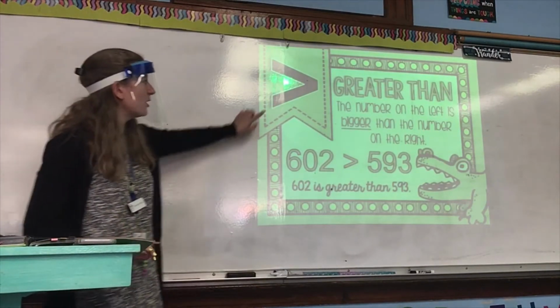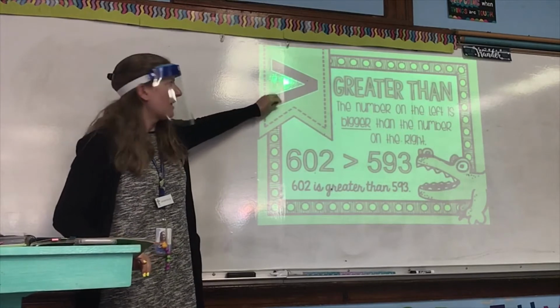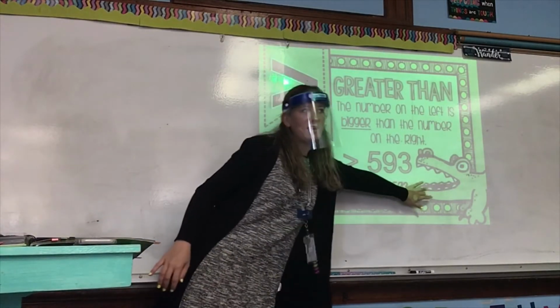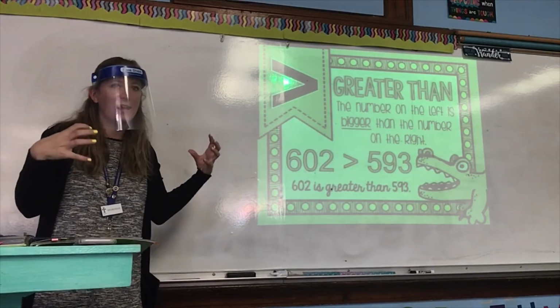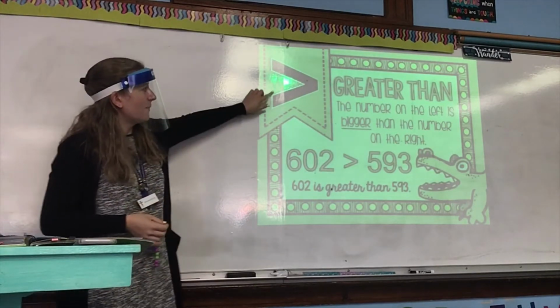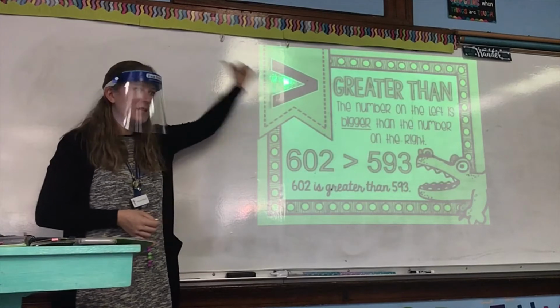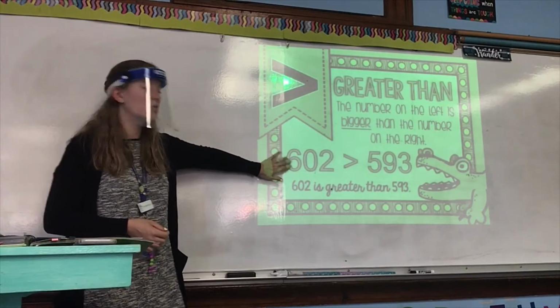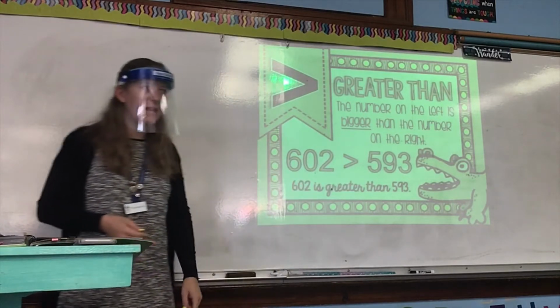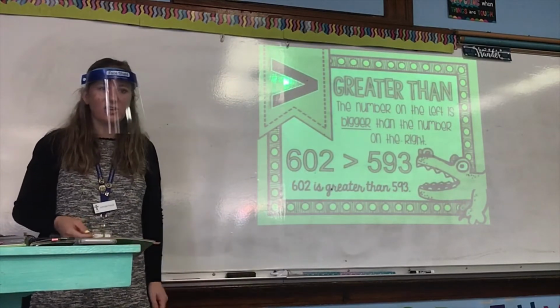So anytime we use the greater than symbol, the mouth of the alligator, you've probably heard about the mouth of the alligator like 3 years in a row now. The mouth of the alligator is pointing to the left because the number on the left is greater than the number on the right. You probably learned this in kindergarten or first grade.